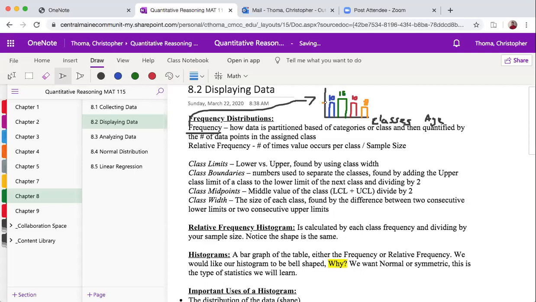So this would be the number 10 right here, and then a little bit lower would be an 8, and up here would be our 16. And then here we'd put our ages: 20s, 30s, 40s, and 50s.